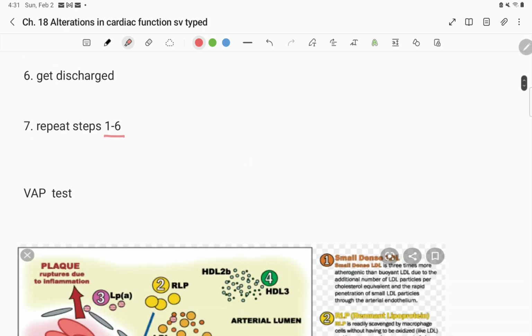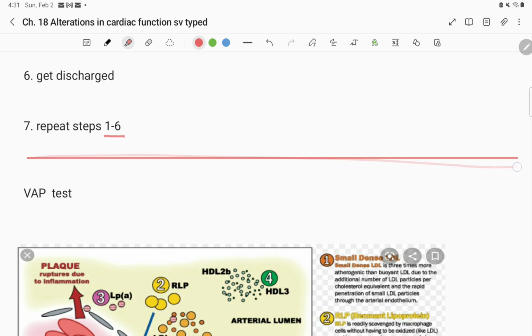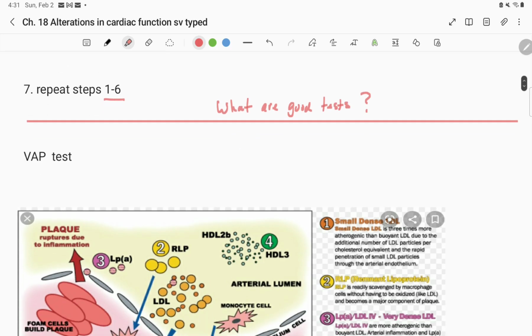Okay, so let's talk about what tests. All right, first, and these are in no particular order, is the VAP test.